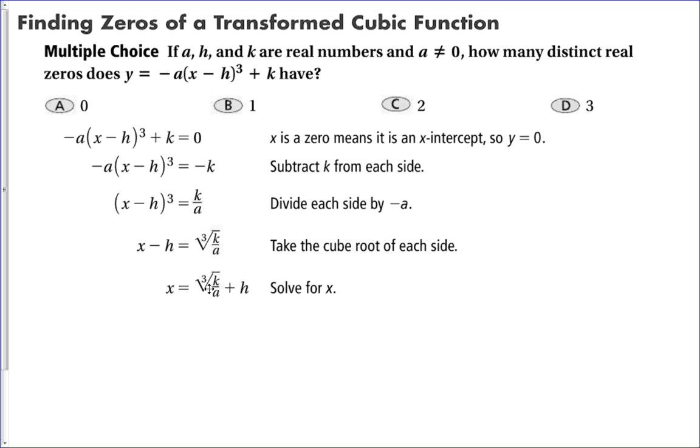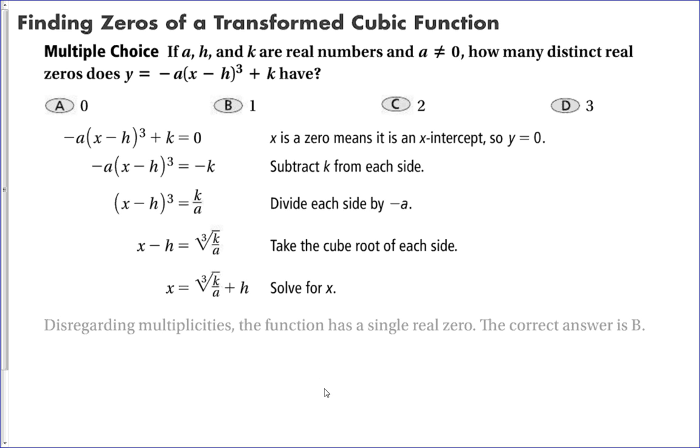So if this is one number plus another number, you're going to have only one distinct real zero. Disregarding multiplicities, meaning multiple zeros, the function has a single zero, so the correct answer is B. This function only crosses one time.